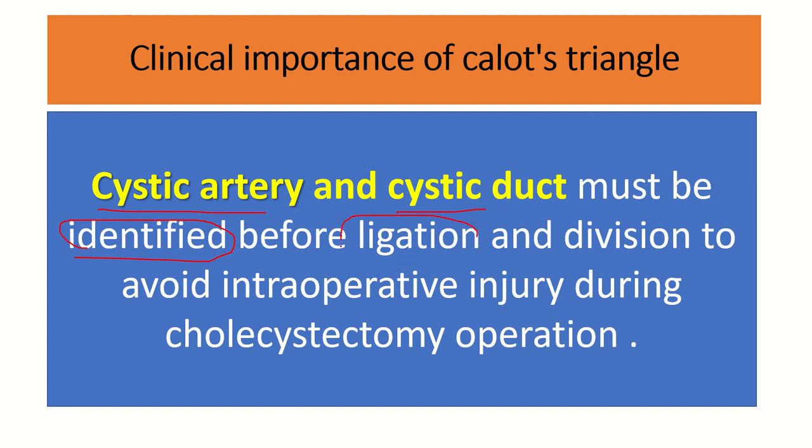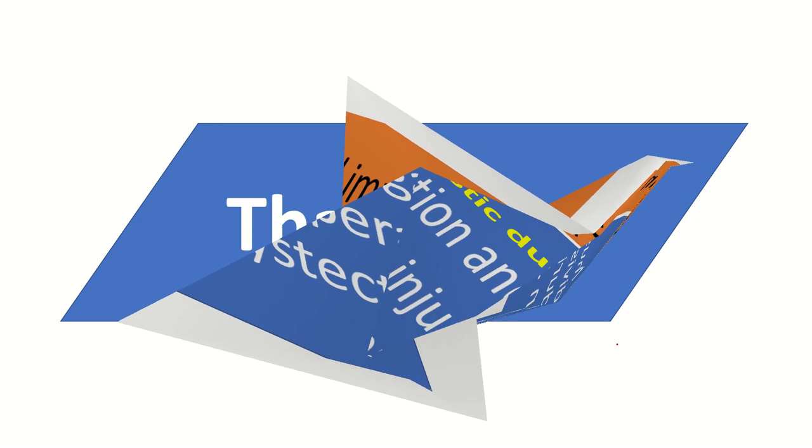So the surgeon has to be very careful to identify, first of all, cystic artery and then cystic duct, and ligation of the cystic artery and ligation of the cystic duct, and then cholecystectomy is done, avoiding intraoperative injury during the cholecystectomy operation, especially to important structures such as the common bile duct and common hepatic duct.